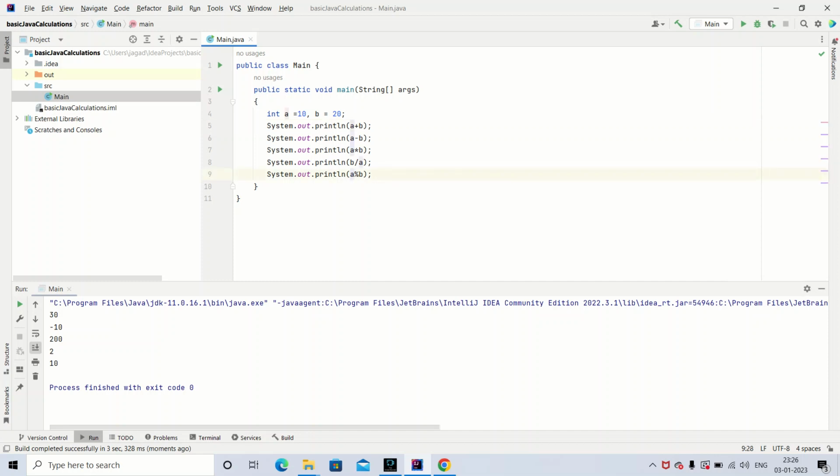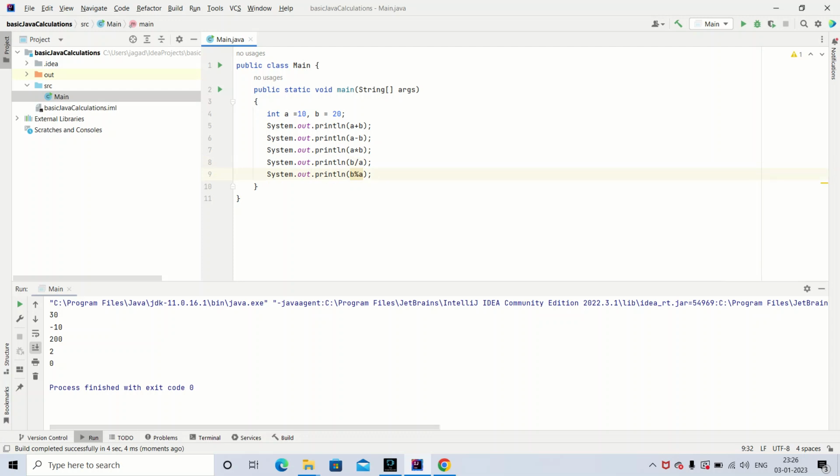Okay, now let's change here also. As we can see, output is 0.